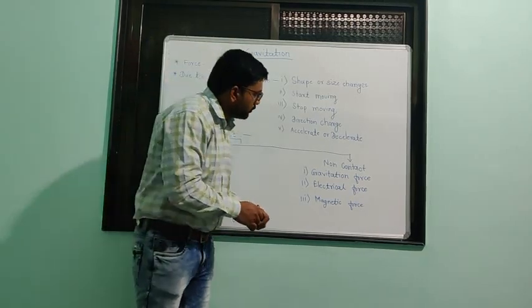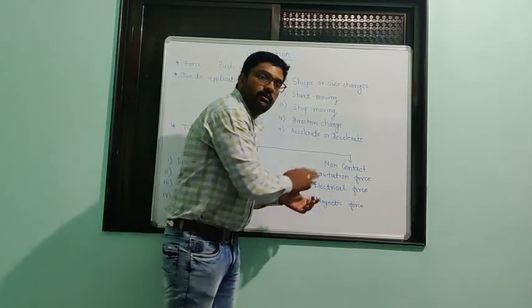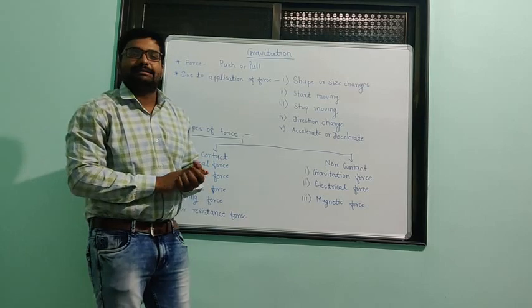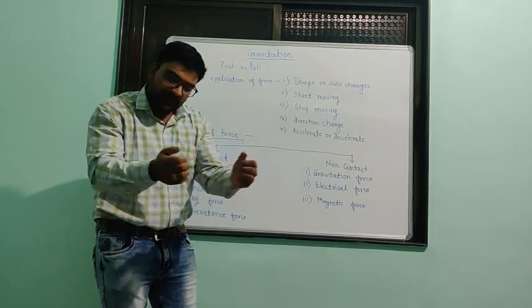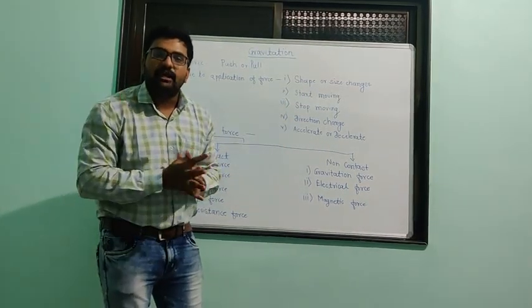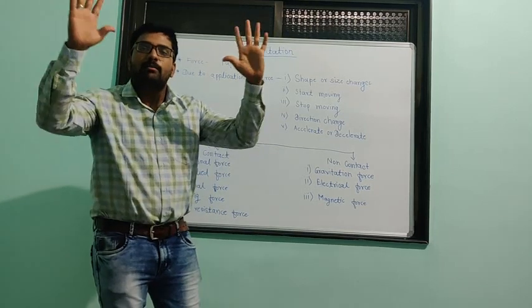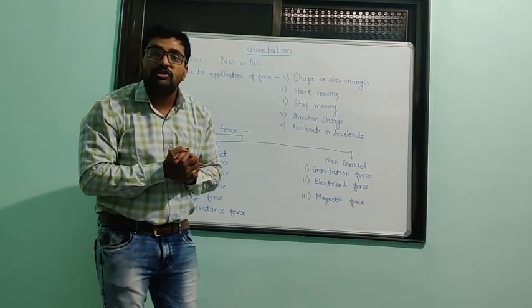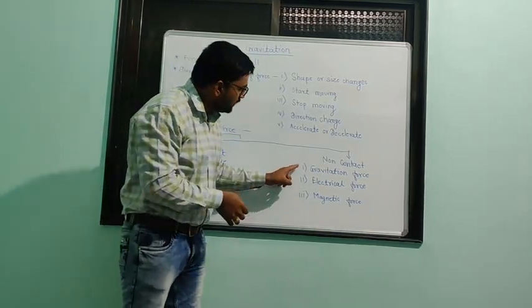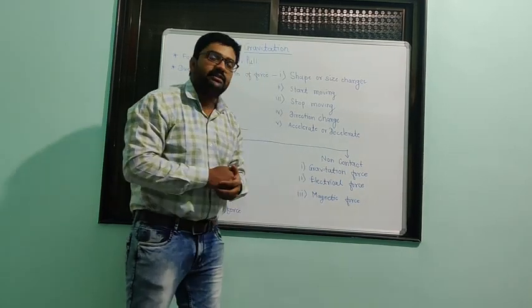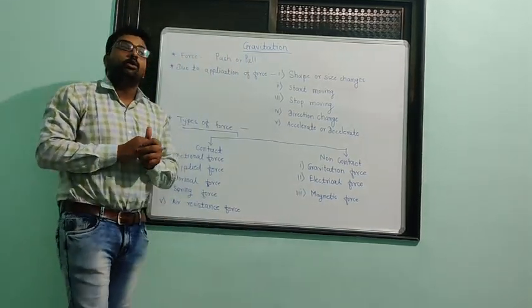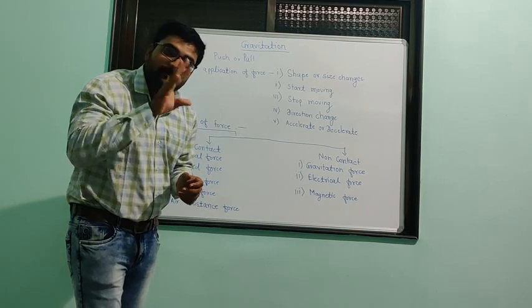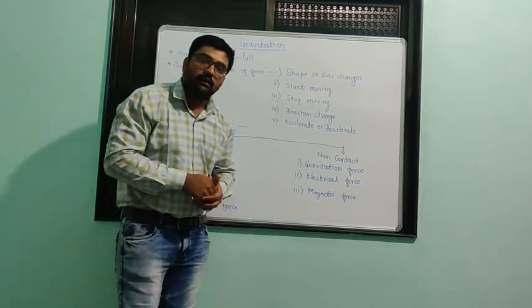Simply, if we look at this word non-contact, it tells us directly that two objects are not in direct contact with each other. They are far away from each other. In that, the first example is gravitational force. We know our solar system is totally based on gravitational force.